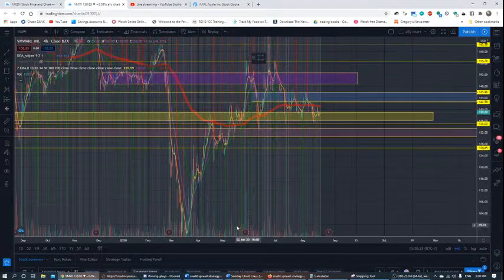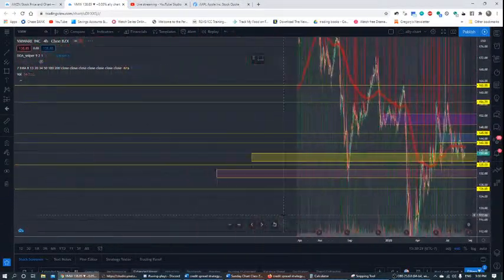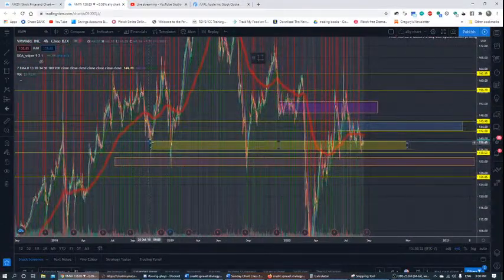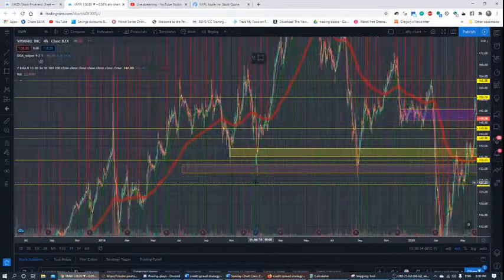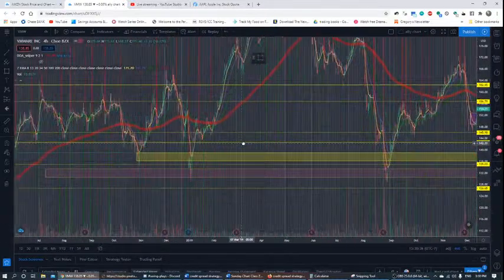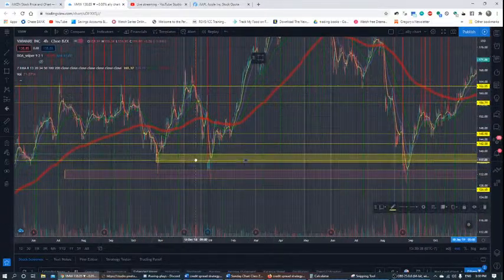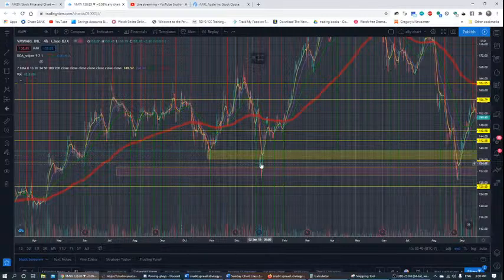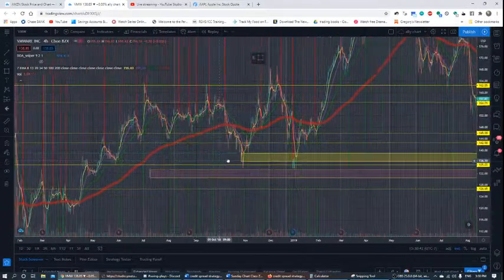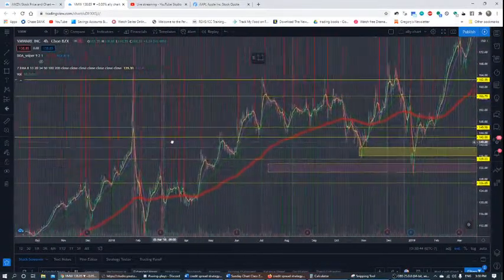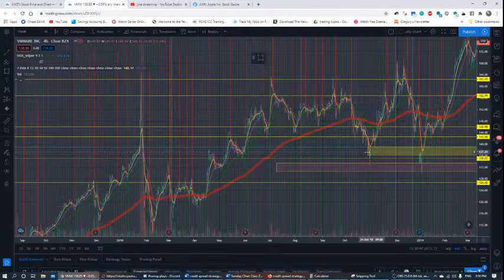So I pretty much went back and I saw this area where we had a lot of buyers right here. So when we tap this area, if we're looking back, we had a lot of support, and this was also a resistance area.